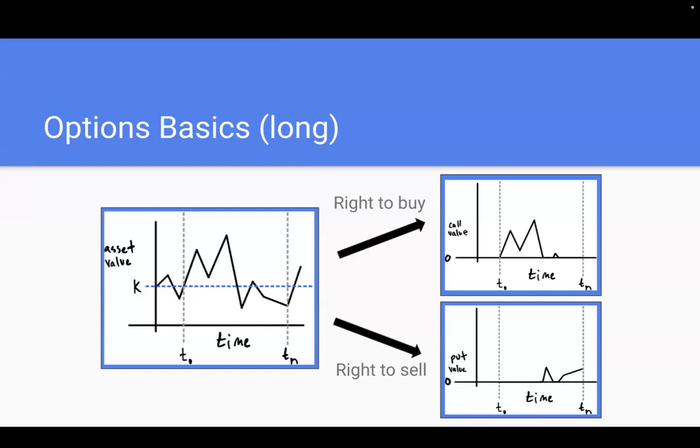Essentially, you're getting something that's more valuable at a lower cost. Because here, when we pick the peak of the call value in that top right graph, I'm able to buy something at price K when it's actually worth K plus N, where N is some positive number. So at that point, I was able to get a deal, right?